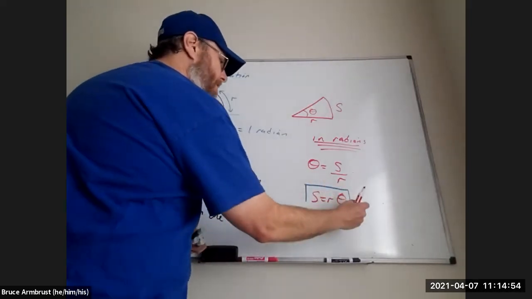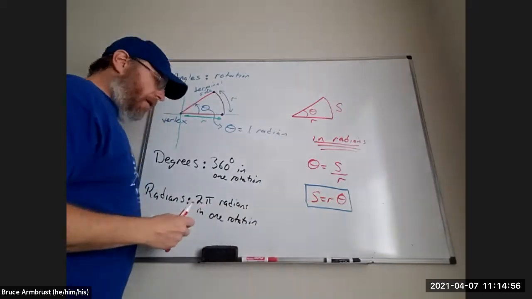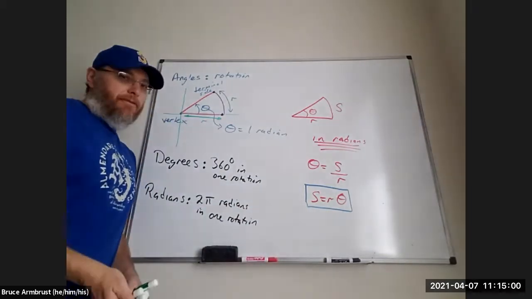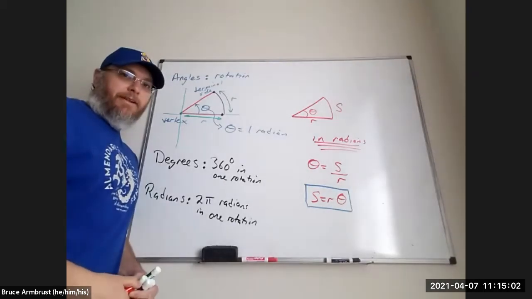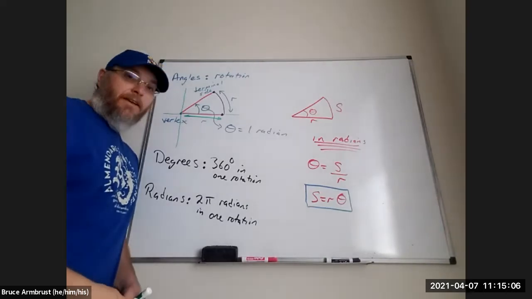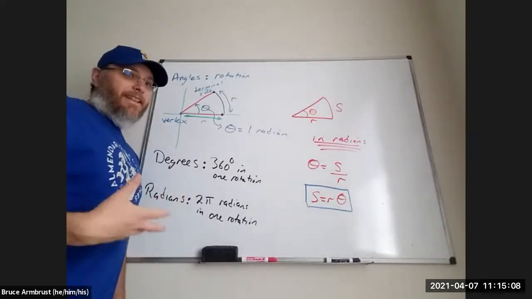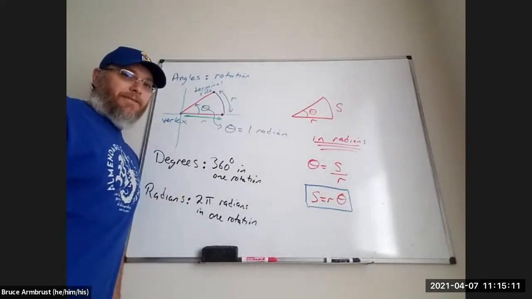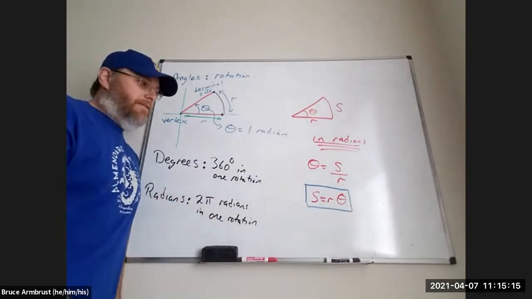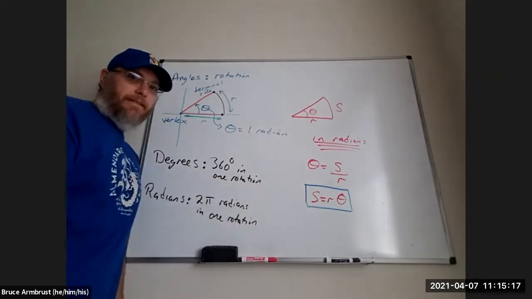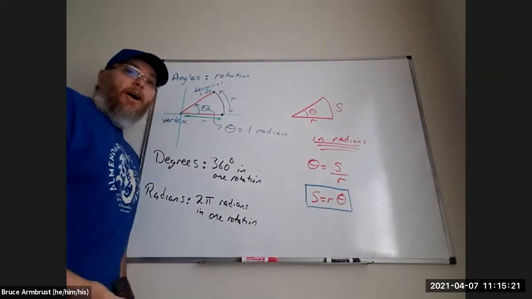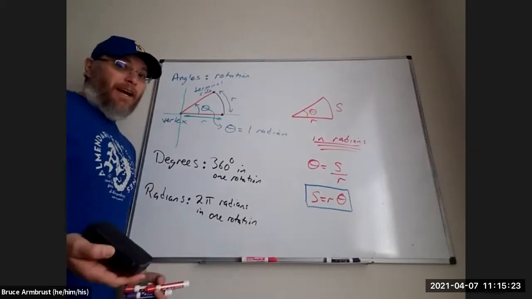But if you remember it as theta equals S over R, it's the same thing. Algebraically, it's just written in a different form. So this is another reason why radians are really nice: if you want to know the arc length of a circle, boom, it's fast. It's just S equals R times theta.